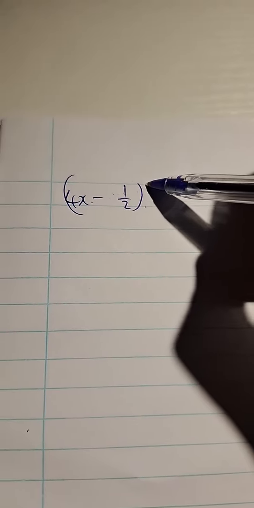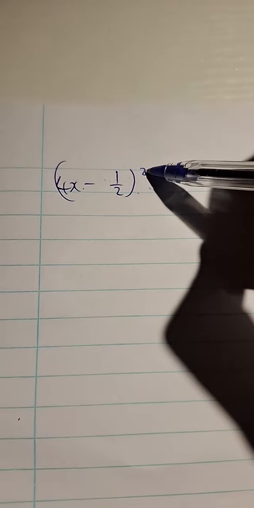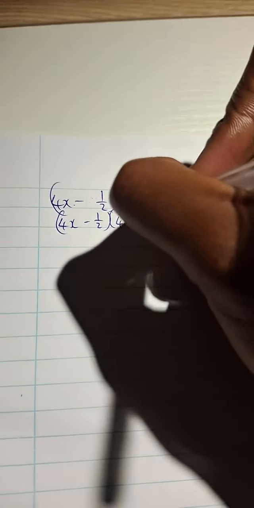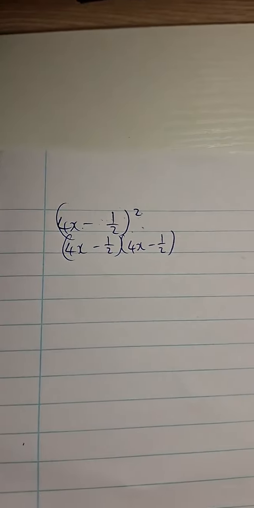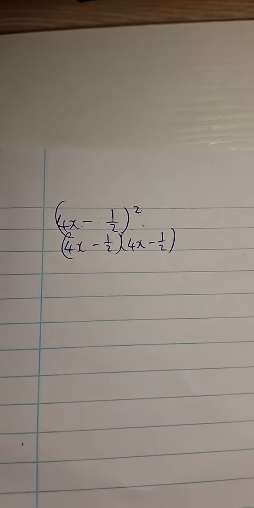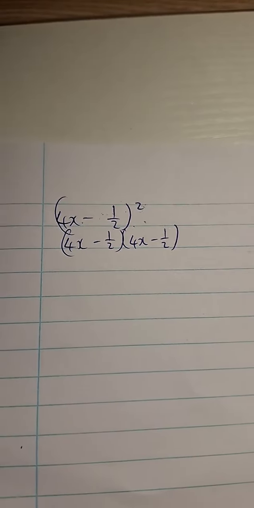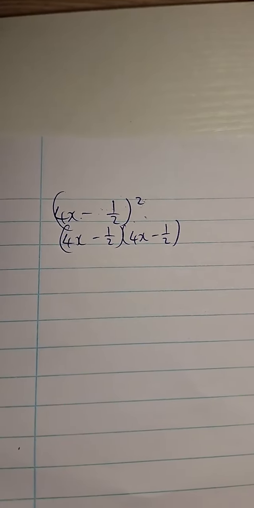This is an exponent. This exponent is saying, good sir, will you kindly open 2 brackets for us so that we can simplify this thing? That is what this exponent is saying to you and to me.